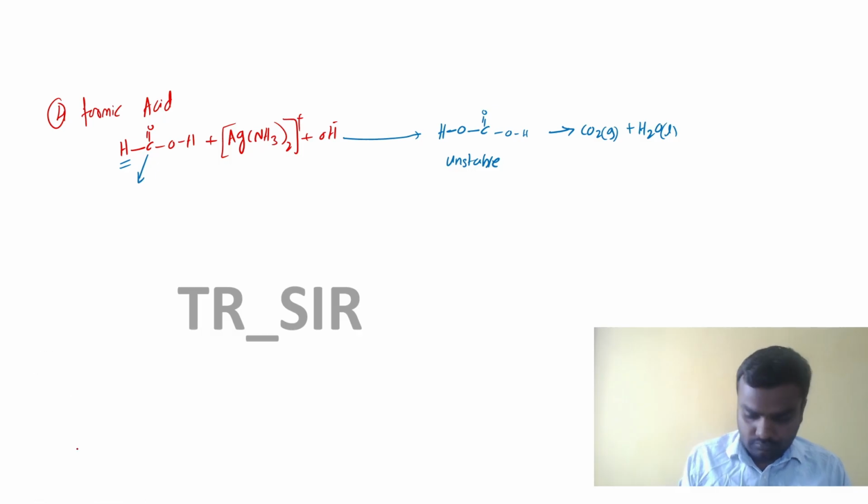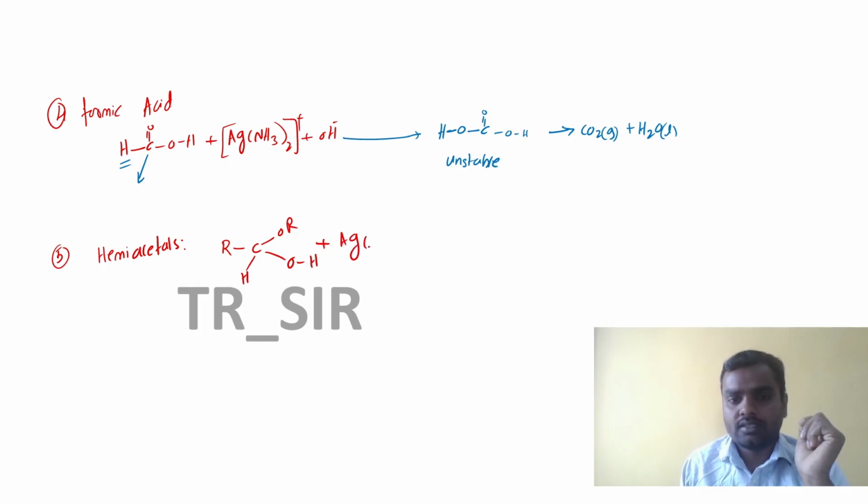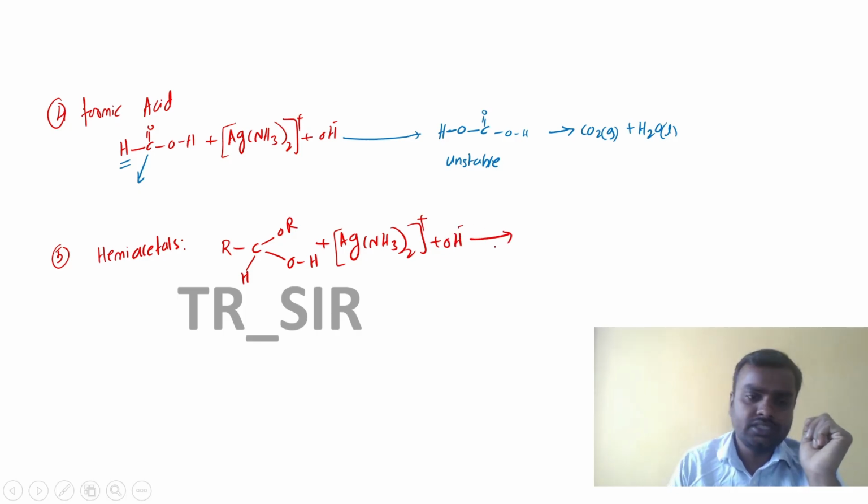Another one, the fifth one, is hemiacetal. Hemiacetal also gives the silver mirror test. How does the structure look? R, C, H, O, R, O, H. Again, if you take ammoniacal silver nitrate, [Ag(NH3)2]+ plus OH-, oxidation takes place.